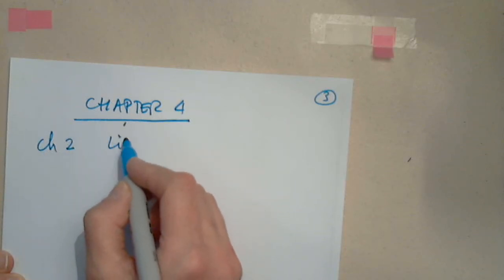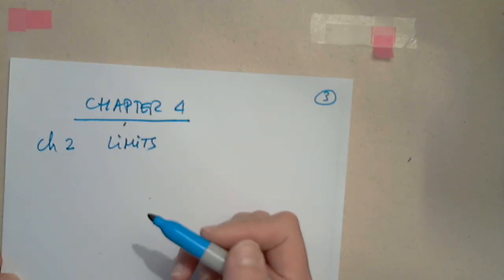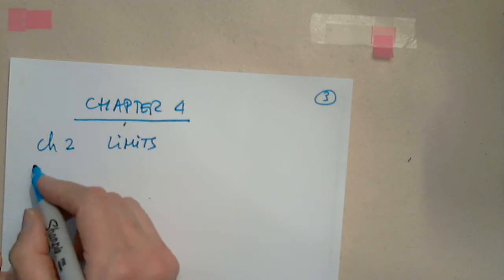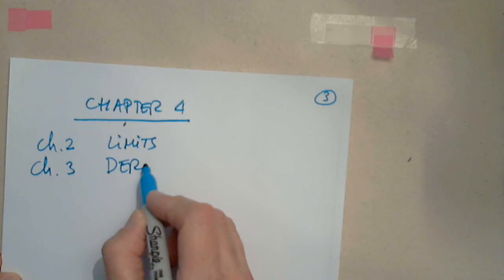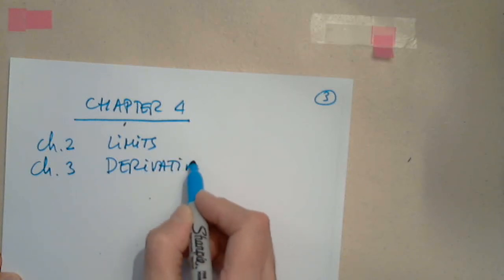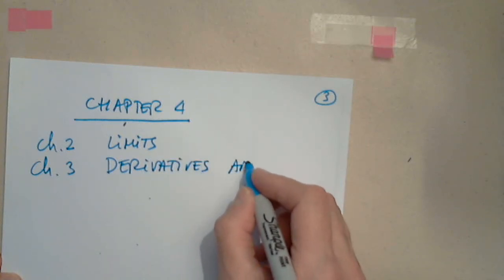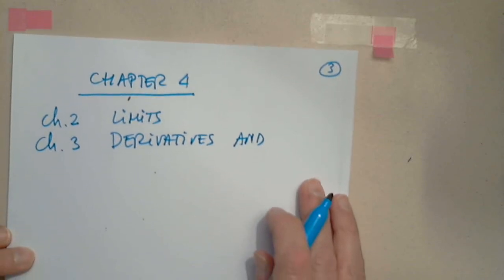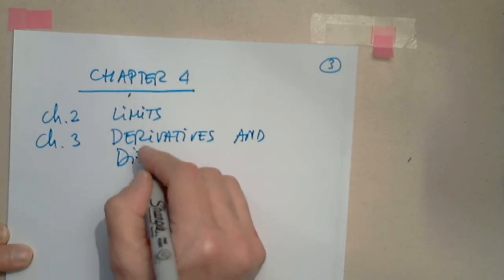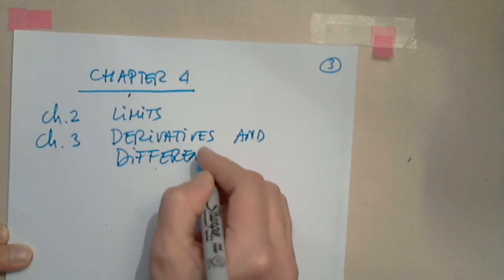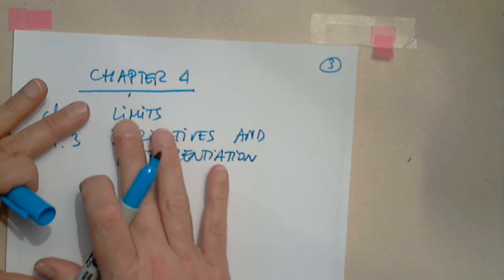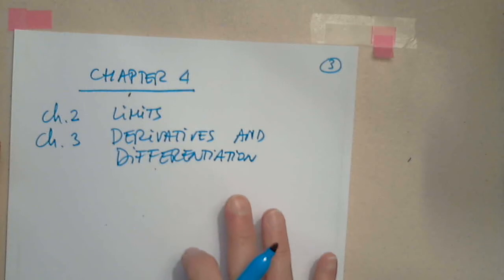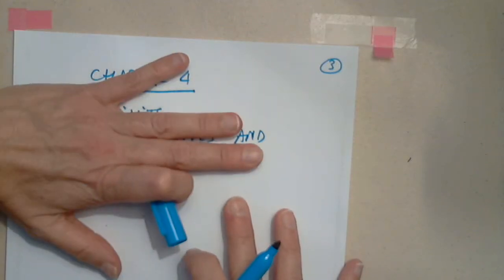So in chapter 2, we talked about limits. In chapter 3, we talked about derivatives and the process called differentiation. Obviously, what we covered today or this week will not be on the test. So this is for test 3.